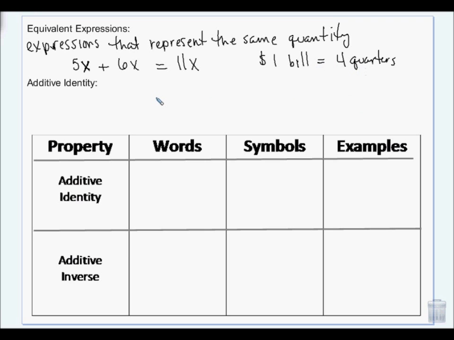Okay. The additive identity is 0. It's just the number 0. And that's because you can add 0 to anything, and you get that same anything back.